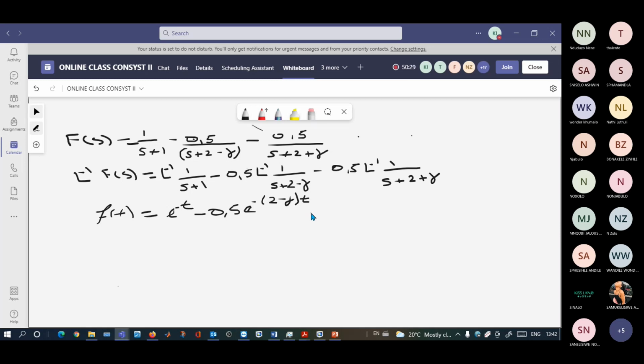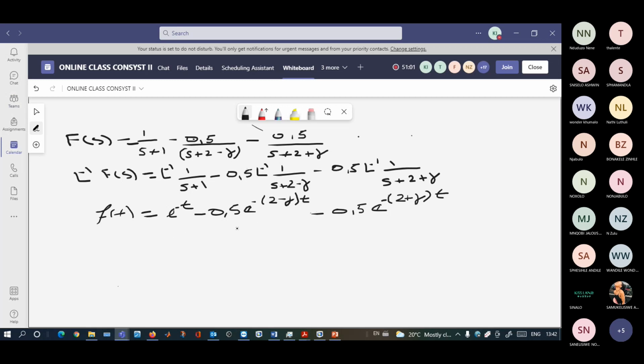Then minus 0.5 e raised to minus 2 plus J times t.